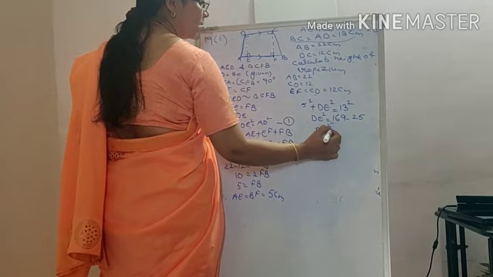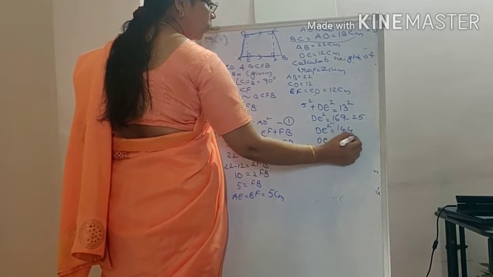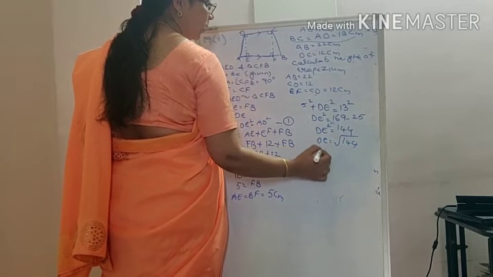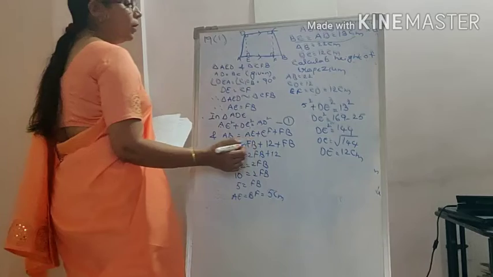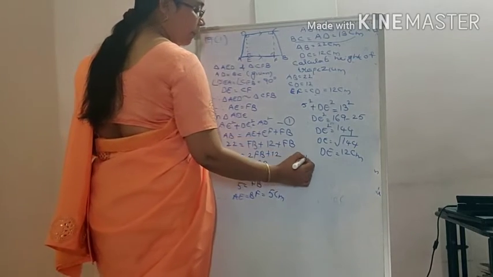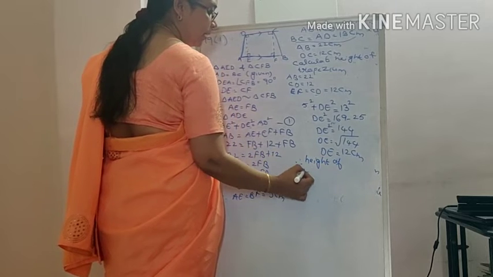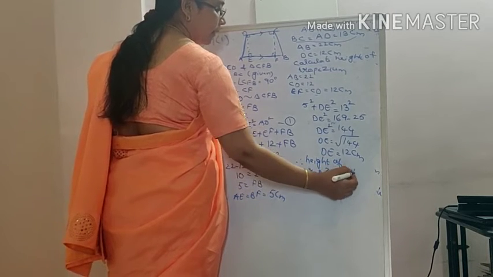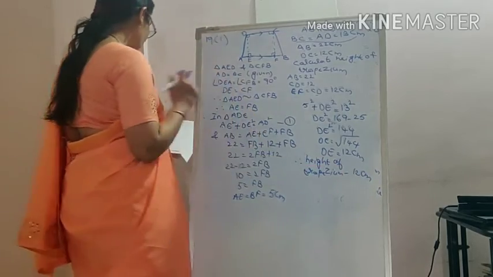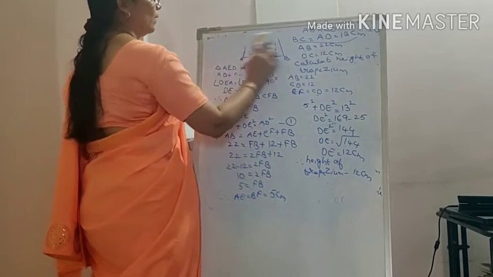So DE square is equal to 144. So DE is under root 144, so DE is equal to 12 centimeters. Therefore, the height of the given trapezium is 12 centimeters.